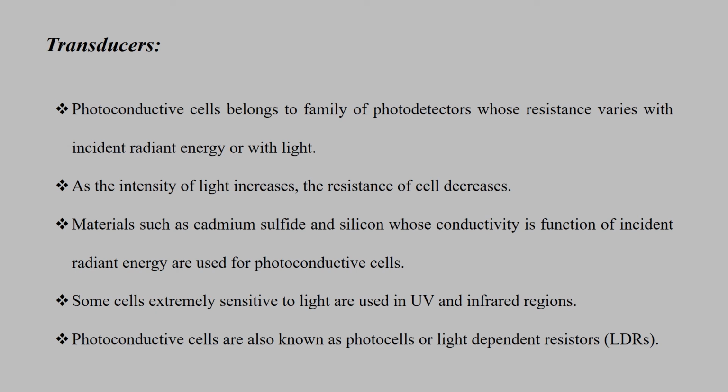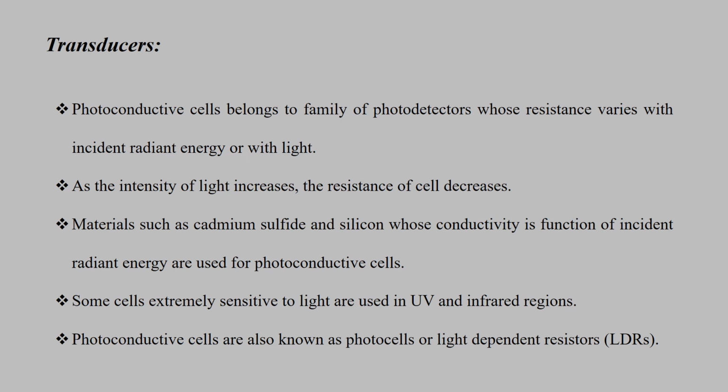The resistance of a photoconductive cell in darkness is typically of the order of 100 kilo ohm. Generally, the resistance of the cell in darkness and at particular light intensities are listed on the data sheet. The intensity of light is expressed in meter candles or lux.